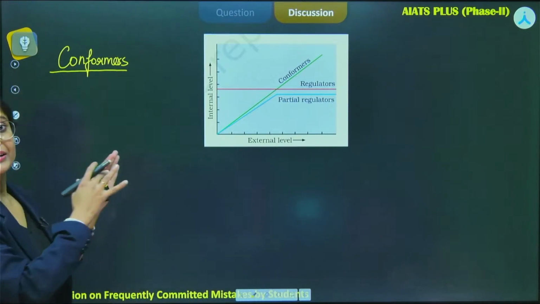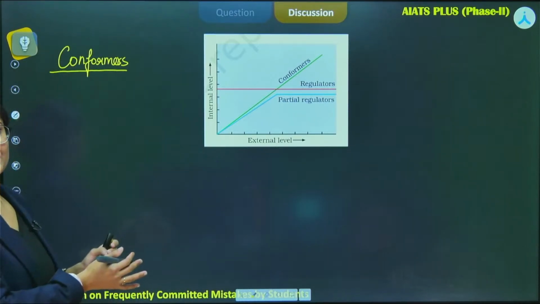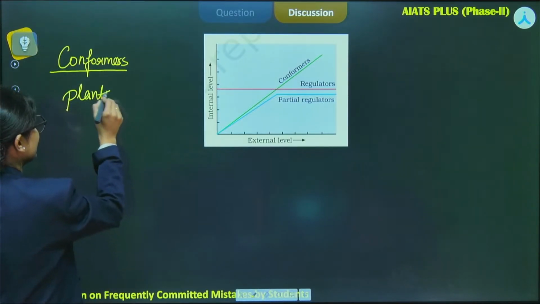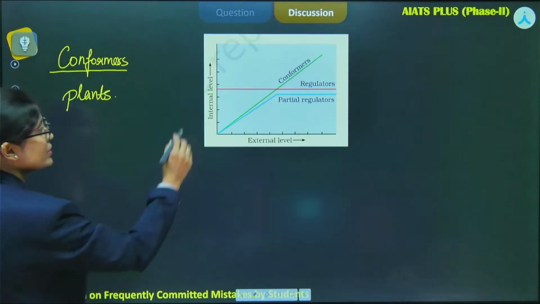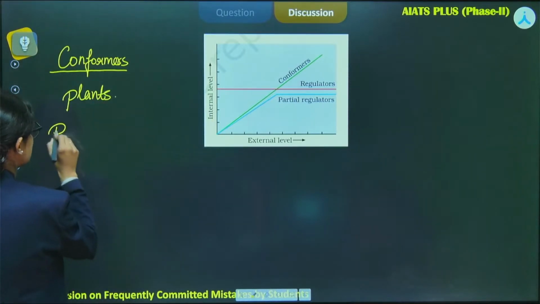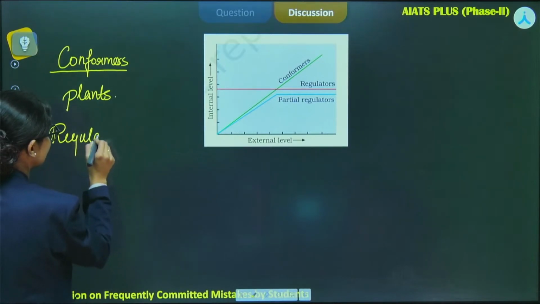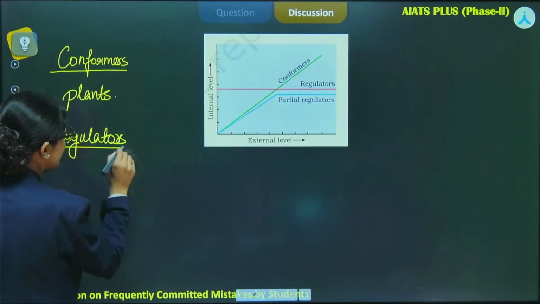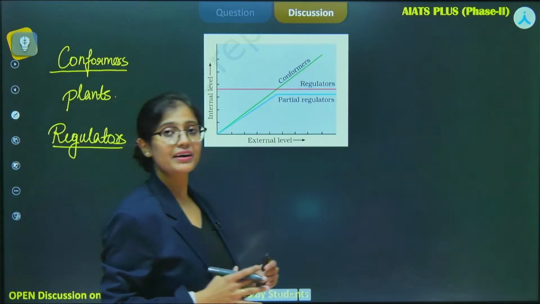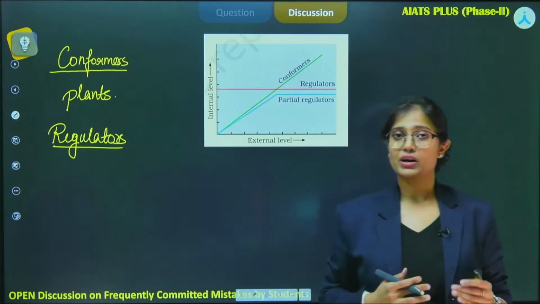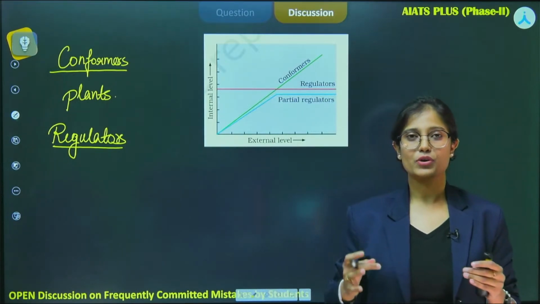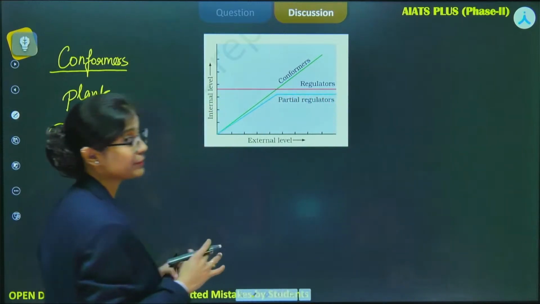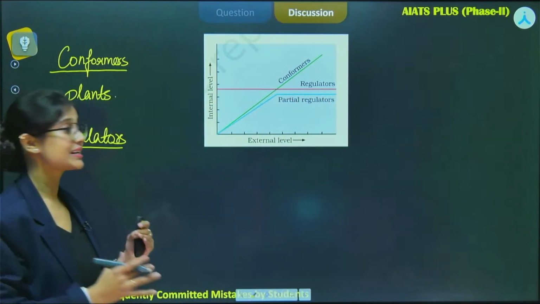So these are conformers, for example, plants. If we talk about the next type of organism, which is regulators, regulators are organisms which can maintain their internal temperature, or we can say they can maintain their osmotic pressure or potential inside their body. That means they are able to regulate their body temperature and conditions.